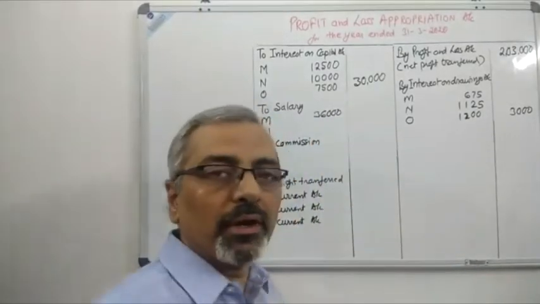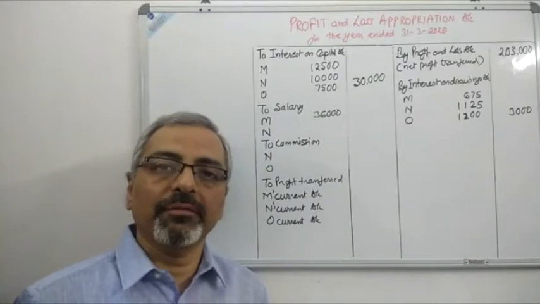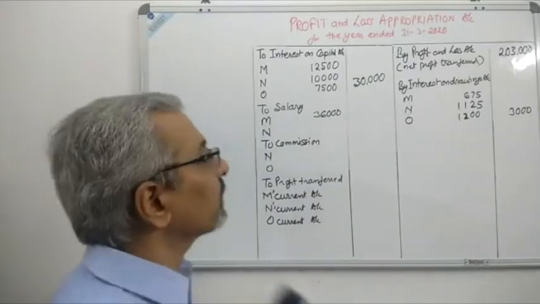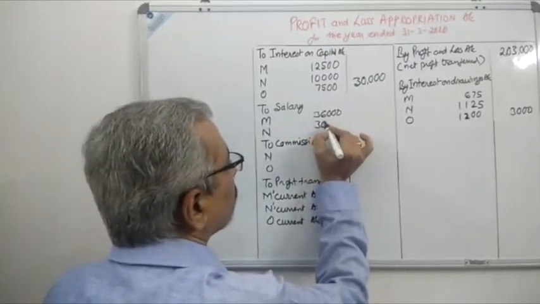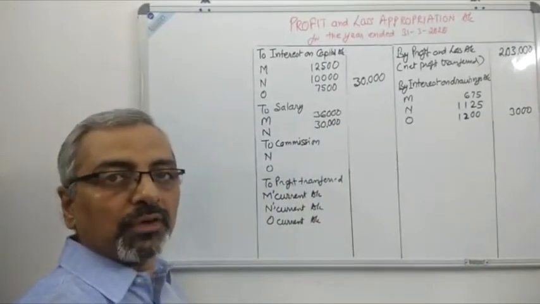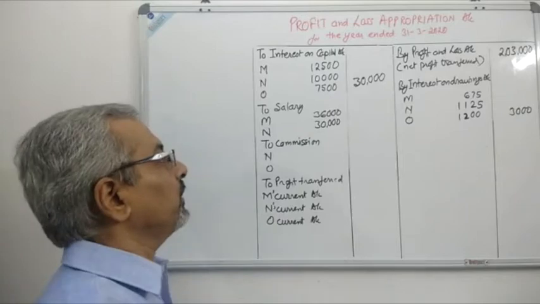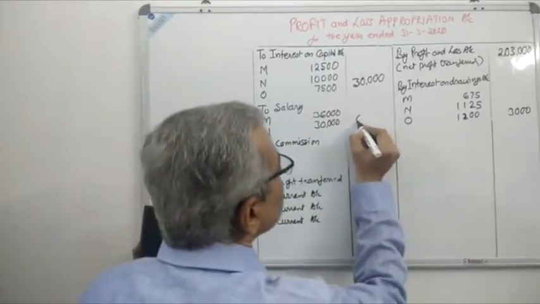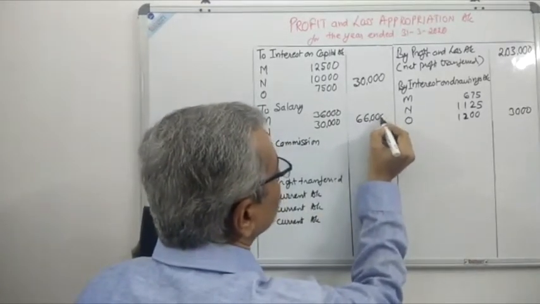And N has been provided a salary of 2,500 per month, which means the salary will be 30,000. So 3,000 per month, 36,000 for M, and 2,500 per month, 30,000 for N. So the total salary comes to 66,000.